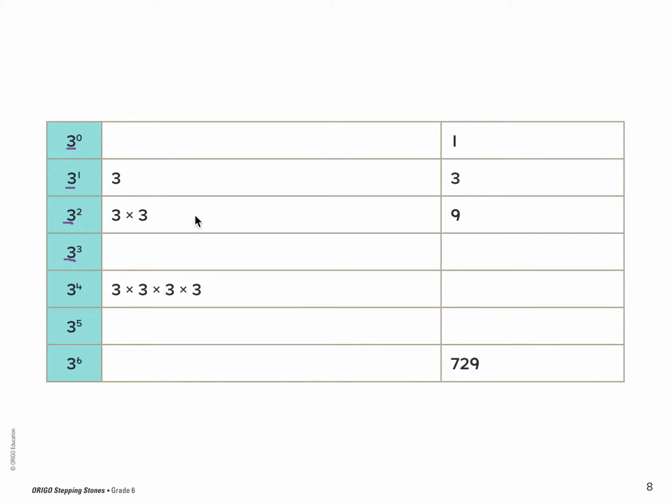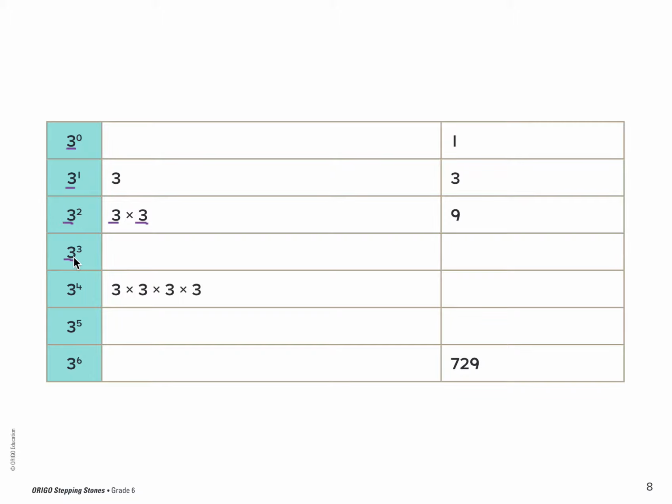How could we complete this table? Remember, any number to the 0 power is 1. Again, 3 to the first power. Our exponent is 1. We have 3 one time. Our exponent is 2. We are multiplying 3 two times.